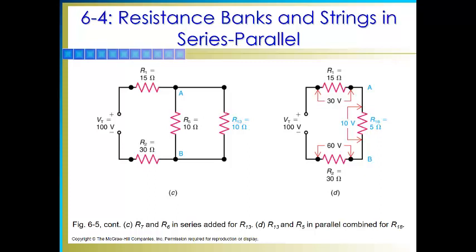Now we have this one and that one, R5 and R13, in parallel. So we apply again our knowledge about how to calculate the equivalent resistor when we have two resistors in parallel. We multiply R5 times R13, and then we divide by R5 plus R13.